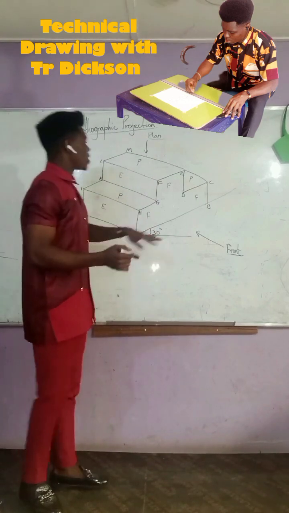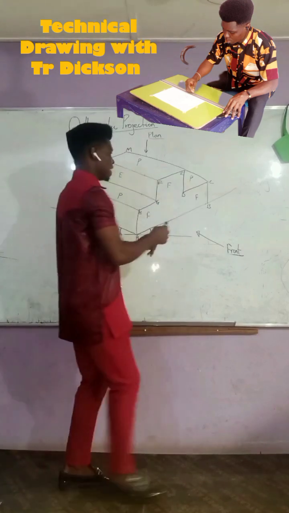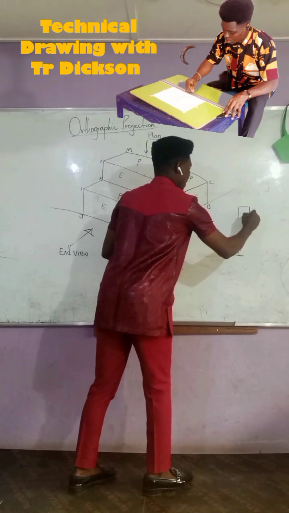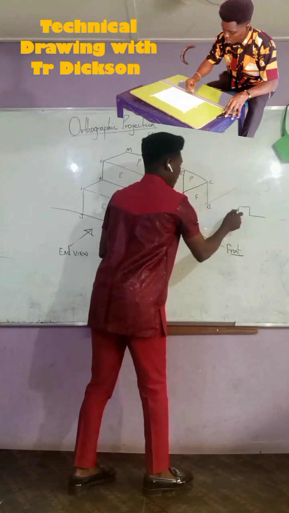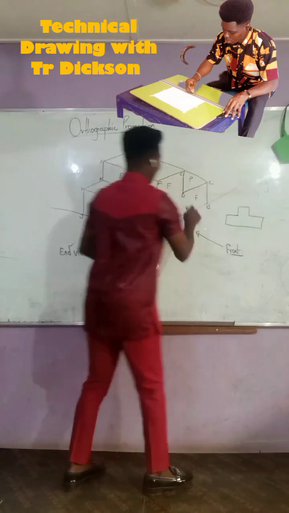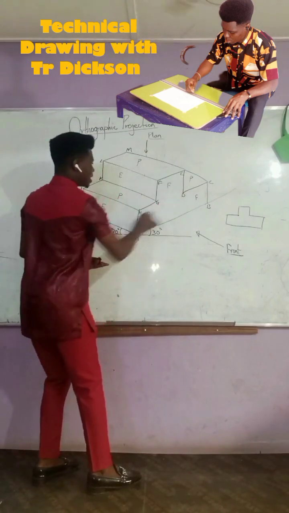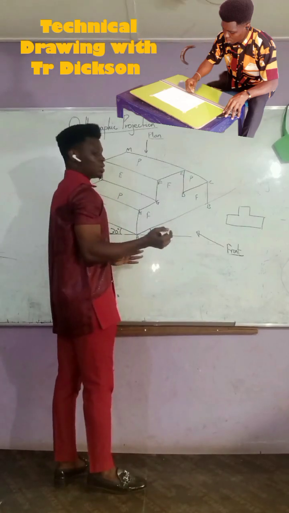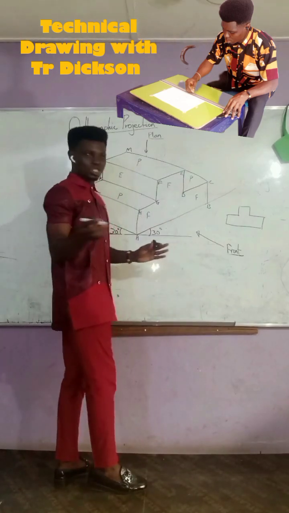Now if you look at the front, what do you see? The diagram I'm going to see will look like this. Look at it here, and here. So it looks like that. Maybe we can equally represent it using the letters assigned to each side.